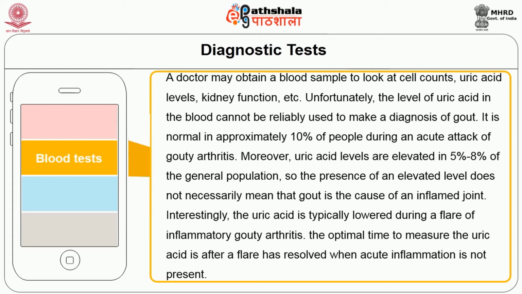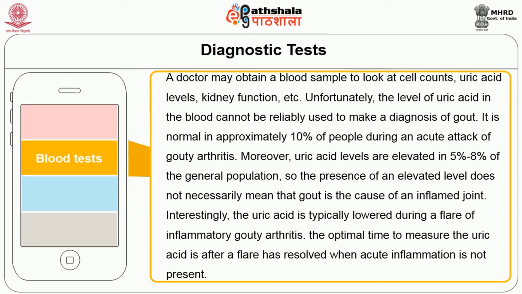It is normal in approximately 10% of people during an attack of gouty arthritis. Moreover, uric acid levels are elevated in 5% to 8% of the general population. So, the presence of an elevated level does not necessarily mean that gout is the cause of an inflamed joint.